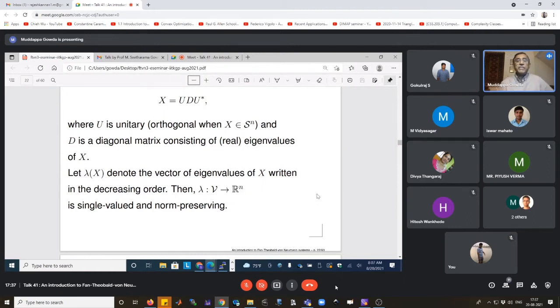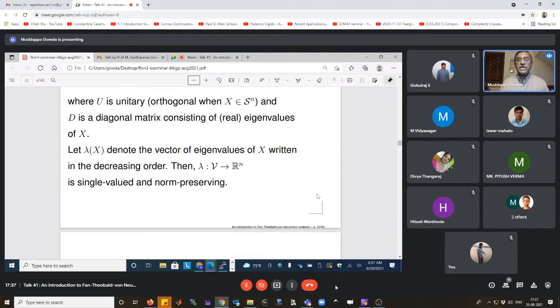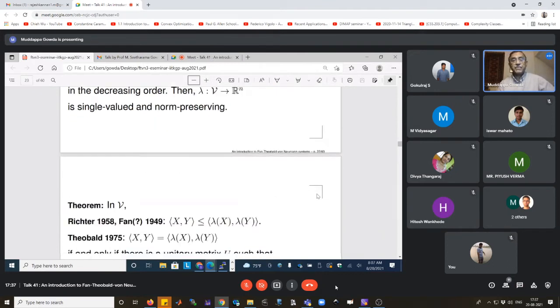Then I generate lambda x, which is the vector of eigenvalues of x written in decreasing order. Then this lambda goes from V to Rn, is single valued and norm preserving, because the norm of x computed in this inner product space is the same as the norm of D, and the norm of D is simply the norm of lambda x. And the advantage of working with this lambda is that it is single valued and norm preserving.